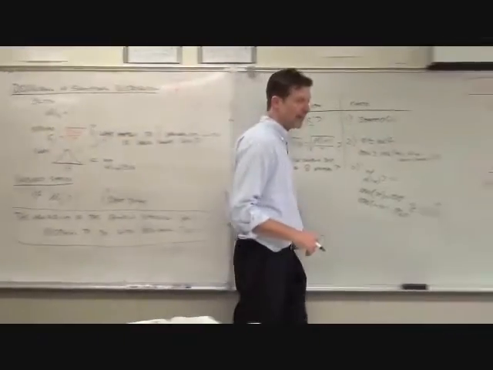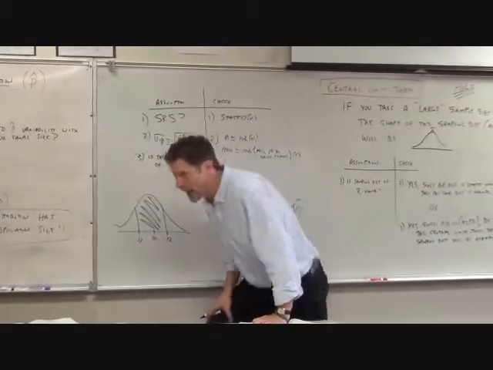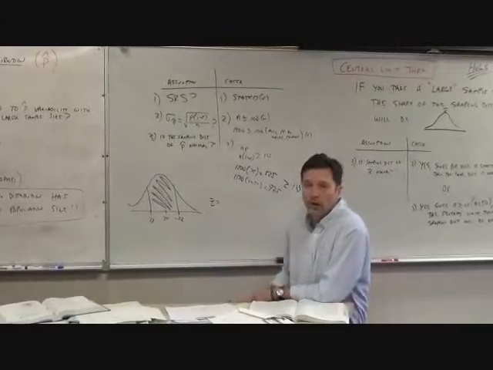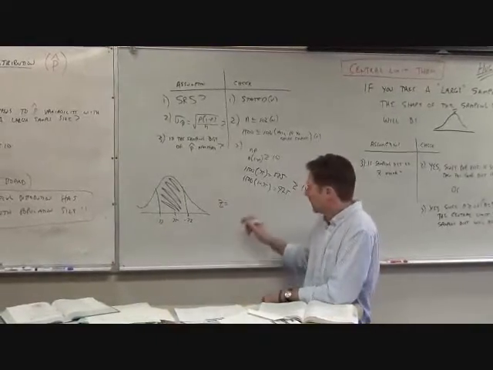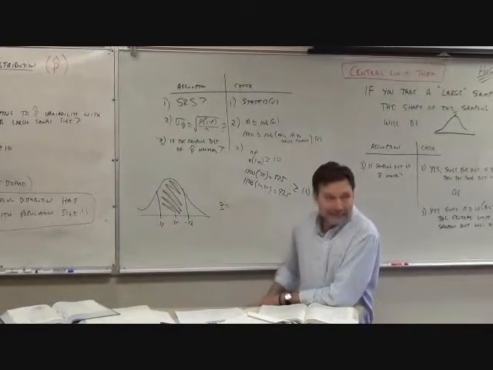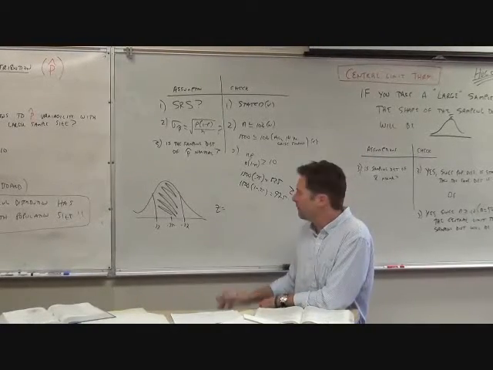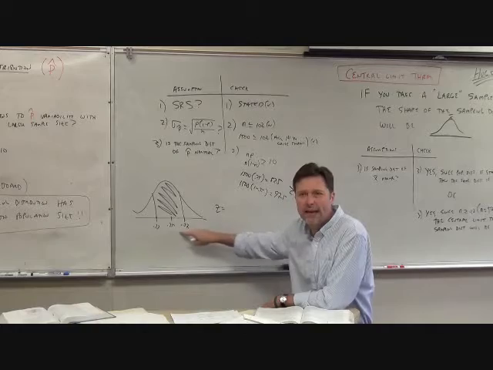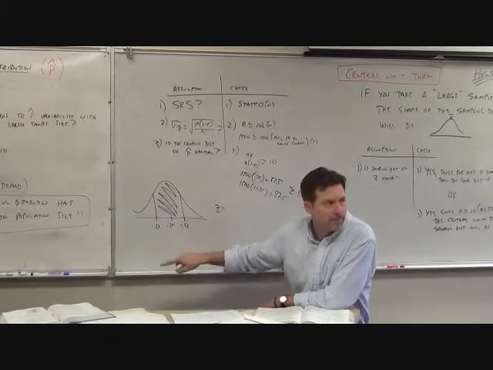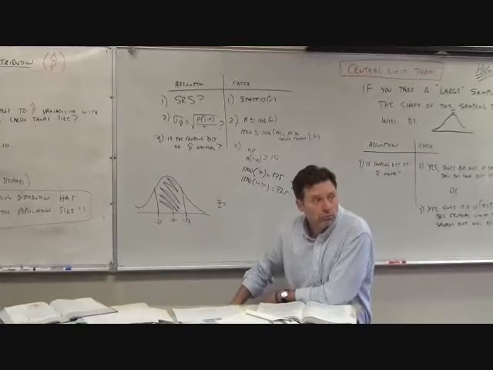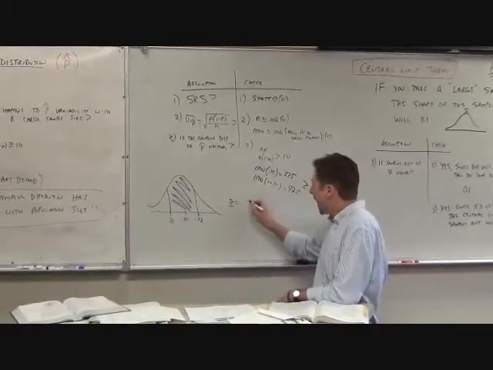All right, got a little bit of a different z-score formula going now. So what is my z-score formula going to look like now? I want to find out how many standard deviations these are away. What would be the p-hat? Good. P-hat. Correct.